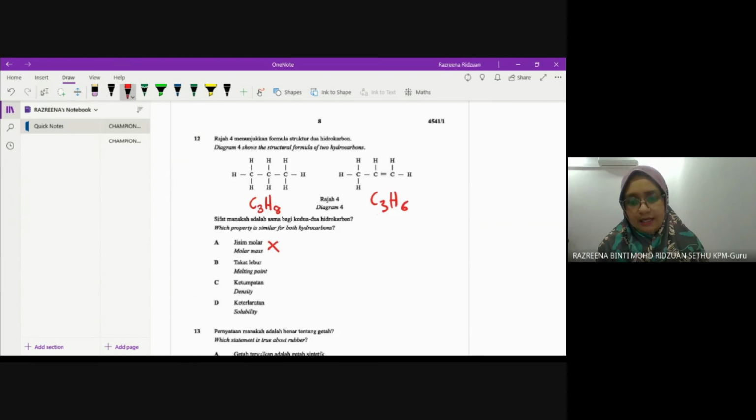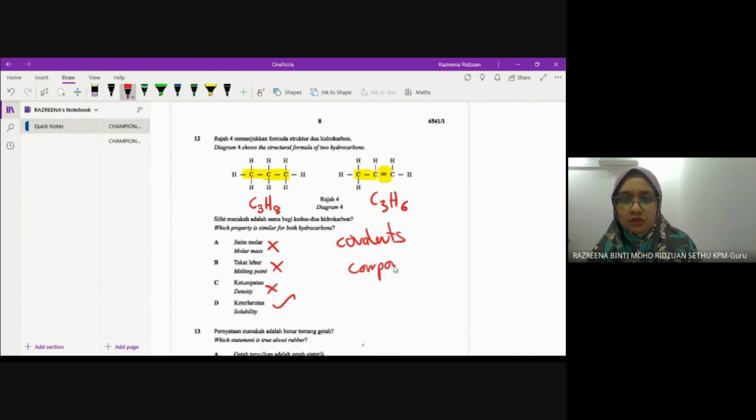Will they have a similar melting point? No, because this one has a double bond and this is a single bond, so definitely it's a no. Density also will not be the same because they are from different homologous series. But solubility, yes, because both are covalent compounds. Their solubility is the same, they are not soluble in water. So answer is D.